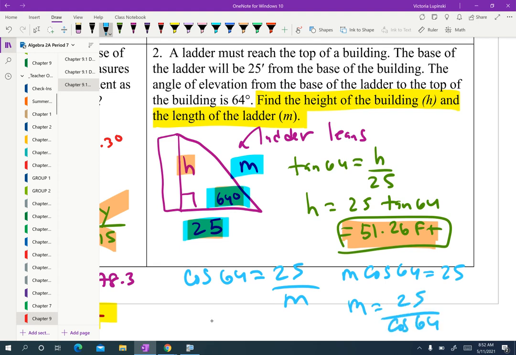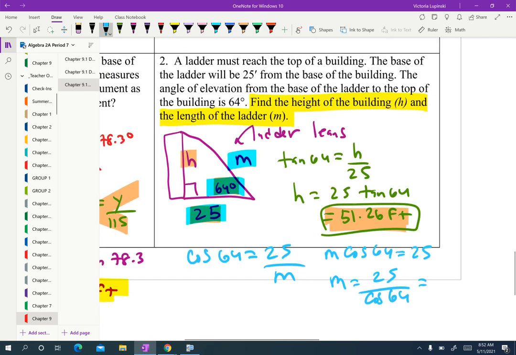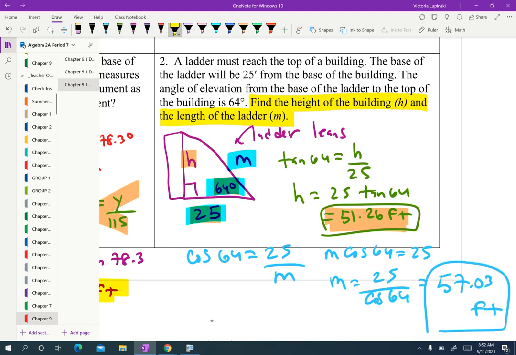So 25 divided by the cosine of 64, and again, use your favorite graphing utility. That is going to tell you that 57.03 feet, in this case, is going to represent the length of the ladder, and hopefully that should make sense.